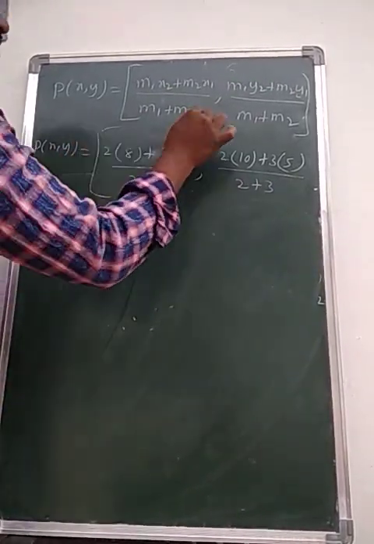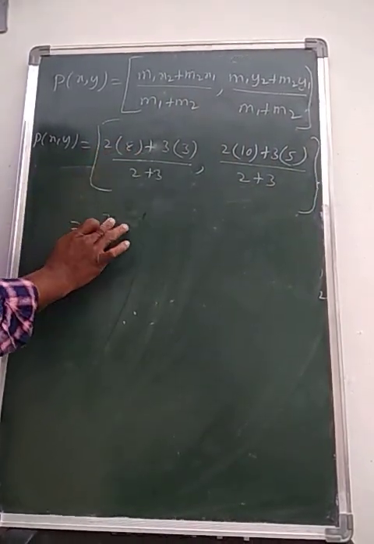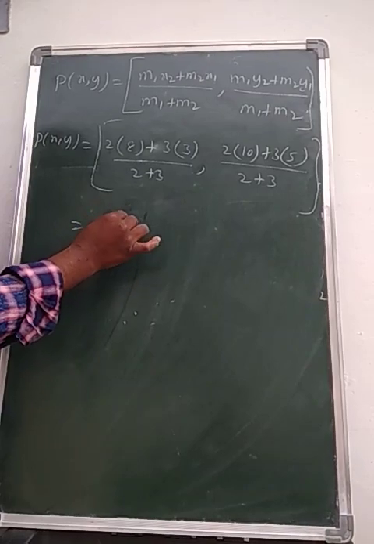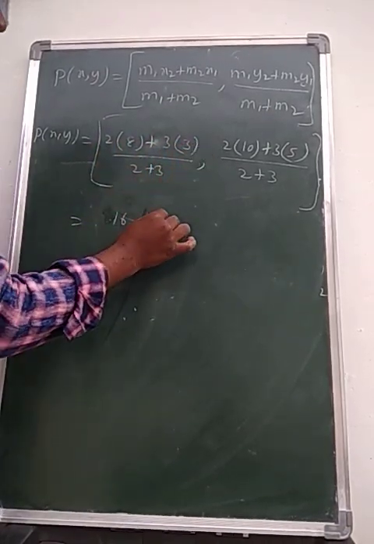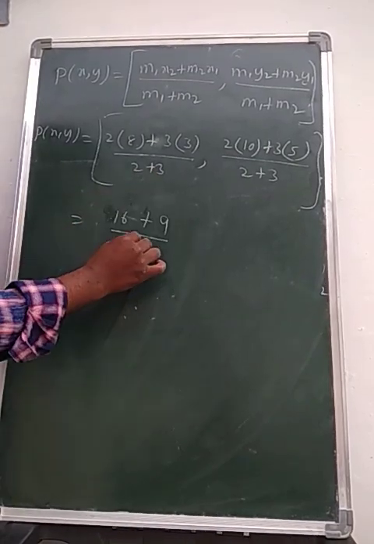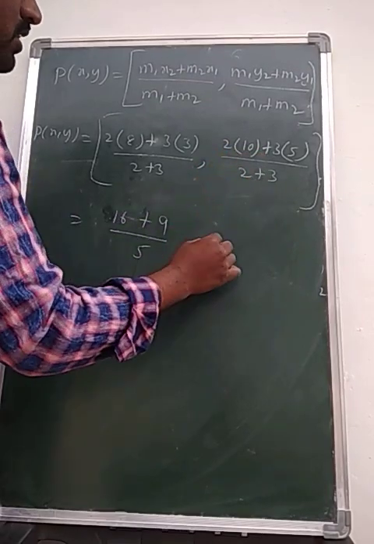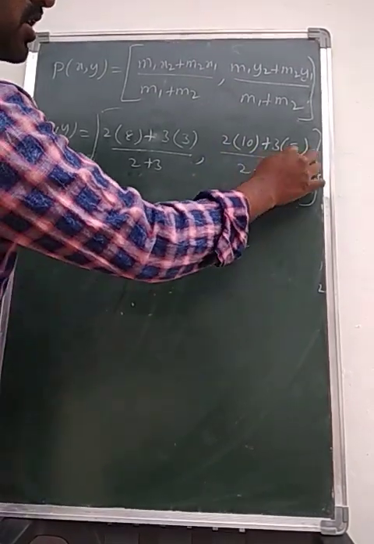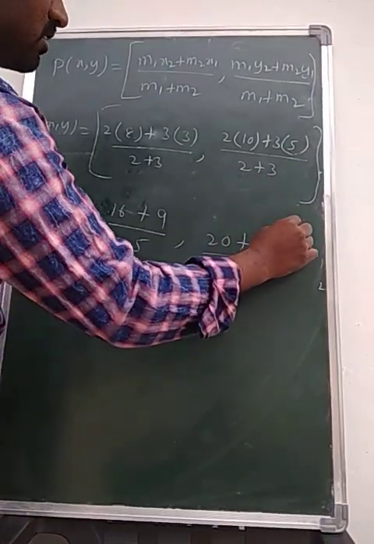Now see here: 2 eights are 16, plus 3 threes are 9, by 2 plus 3, that is 5, comma, 2 tens are 20, plus 3 fives are 15, by 2 plus 3, that is 5.